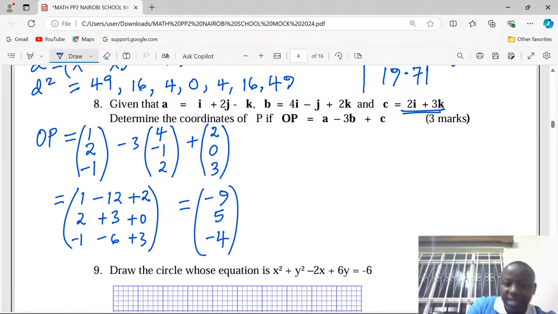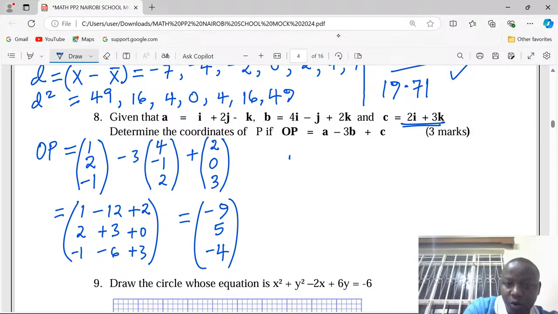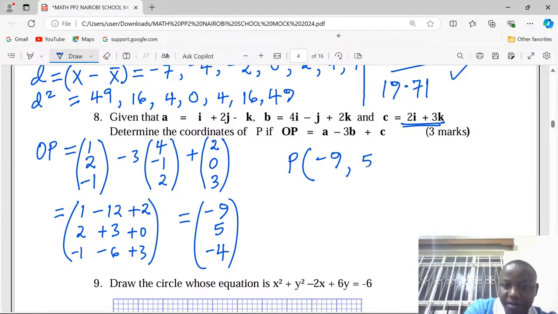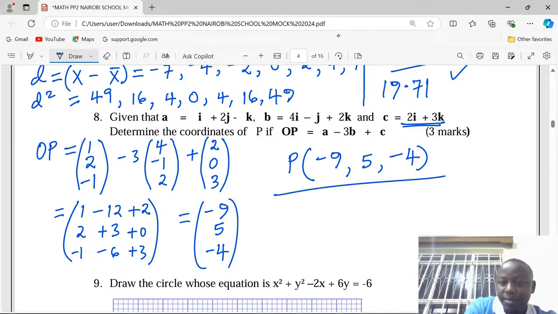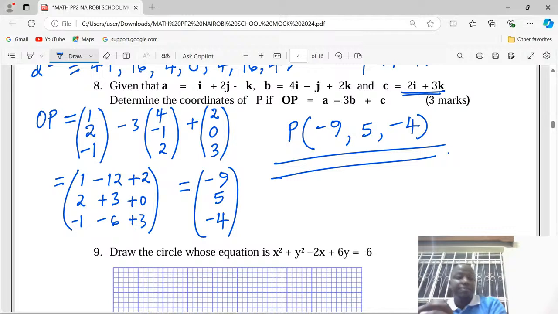Now with the column vector this way, OP, it means that the coordinates for P are now going to be expressed as (-9, 5, -4). So the final answer must appear as a coordinate and not a column vector. That is how we should express our final answer.